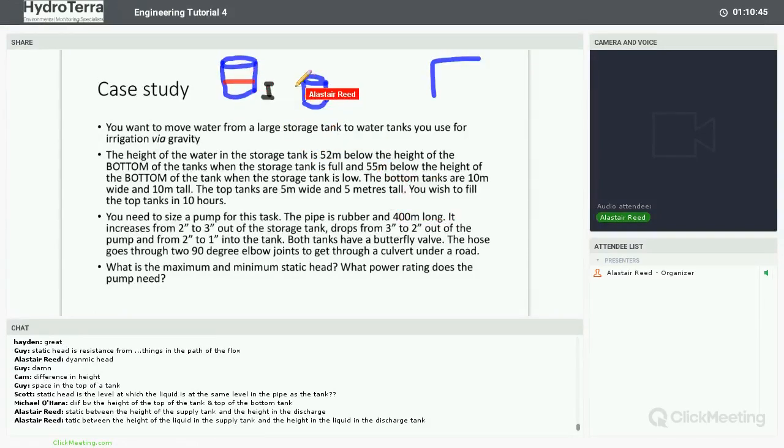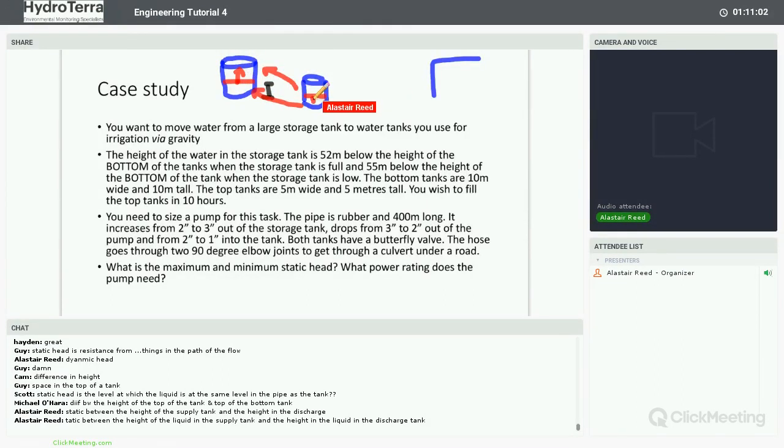And as the height of the liquid increases, say we're pumping from here to there, let's say it's going from the bottom of that tank into the bottom of this tank.